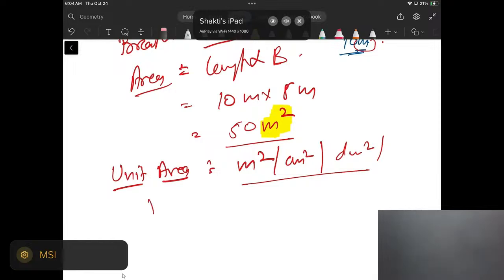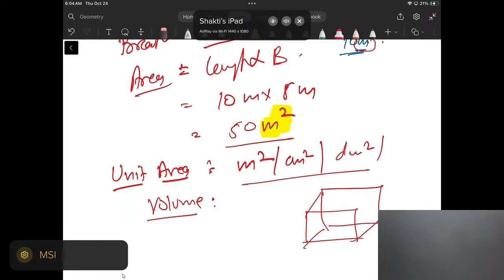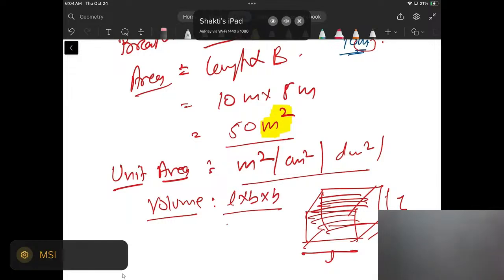When you are computing volume, I have this enclosed figure. How much amount of data we can store in this enclosed figure is known as the volume. The volume will have length, breadth, and height. Assume the unit of length is meter, breadth is also in meter, and height is also in meter.